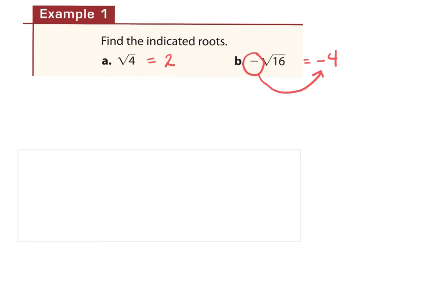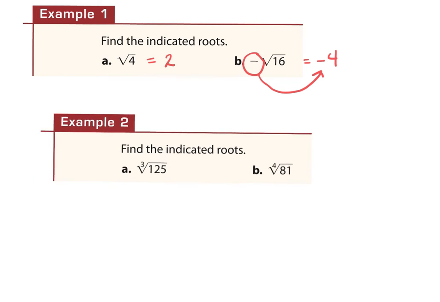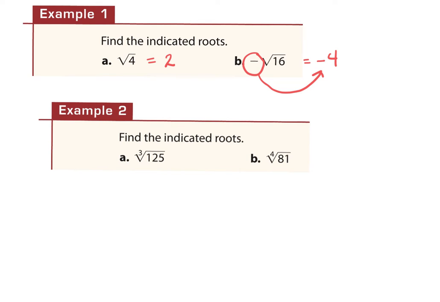Let's look at example 2. Find the indicated root. Here, they want the third root of 125. If you do not automatically know the root, you can use your factor tree.